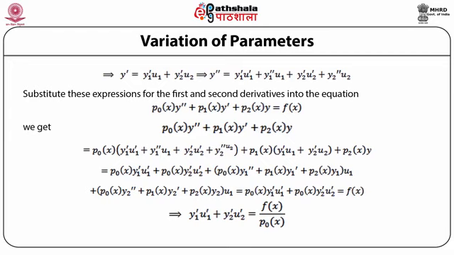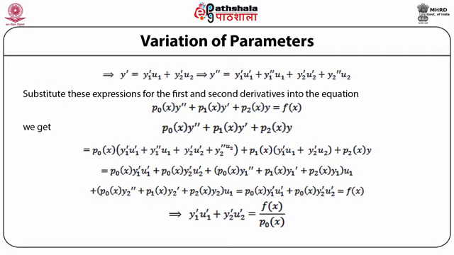This equation can be further expanded to obtain p0(x) y1 prime u1 prime plus p0(x) y2 prime u2 prime plus u1 times, within the brackets, p0(x) y1 double prime plus p1(x) y1 prime plus p2(x) y1, plus u2 times, again within the brackets, p0(x) y2 double prime plus p1(x) y2 prime plus p2(x) y2.